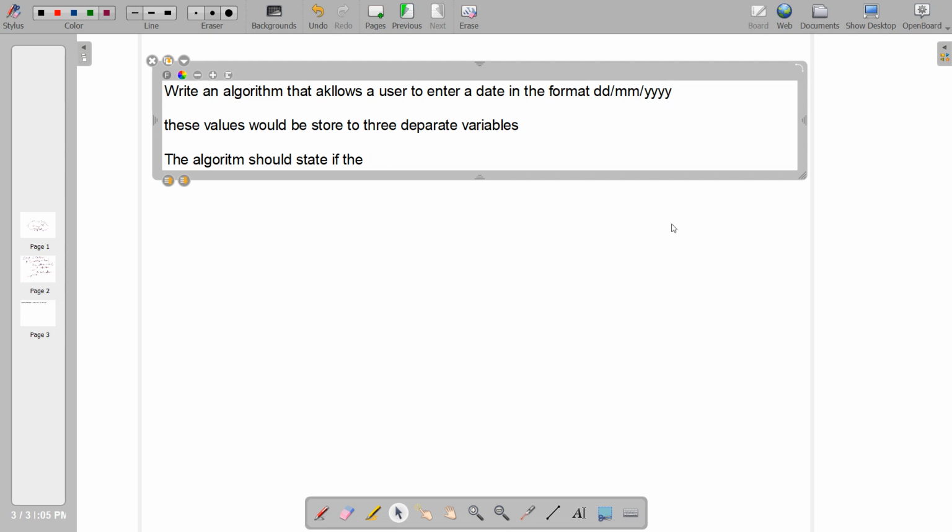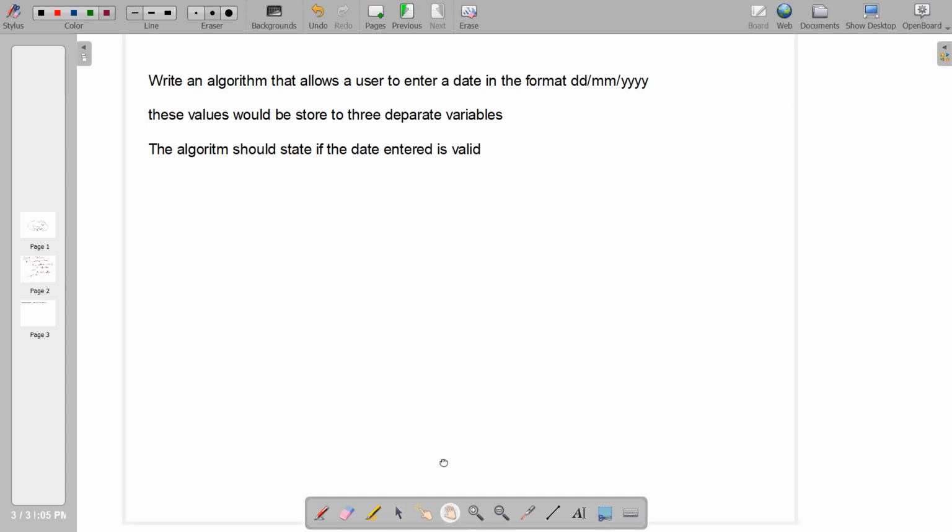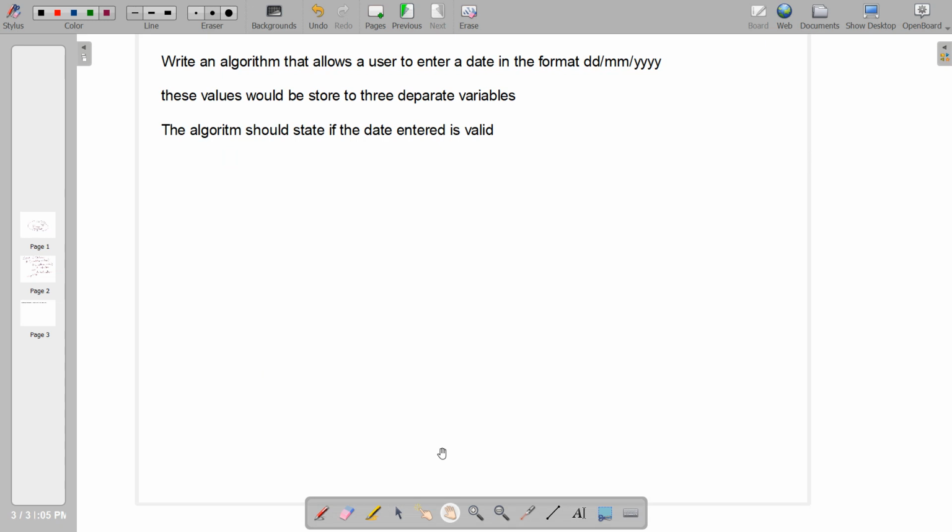The algorithm should state if the date entered is valid. So this is something that we want to work through.